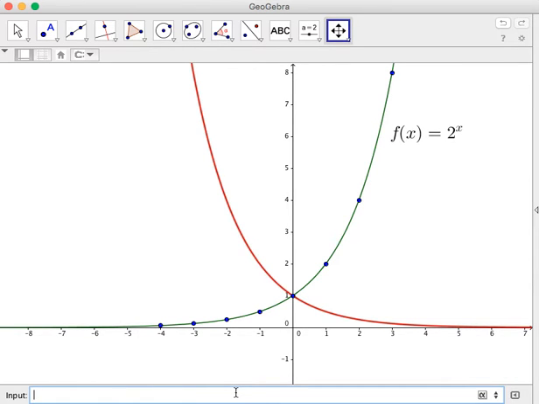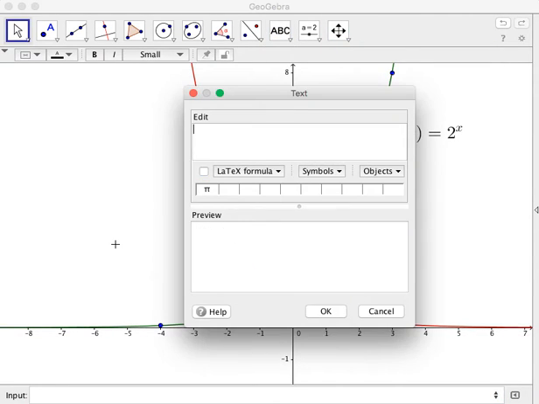Okay, hindi na tayo nag-plot ng points kasi masyadong hahaba itong video, but as you can see, ito na yung graph natin, yung g of x. G of x is equal to, ilatek natin para maganda, 1/2 raised to x.